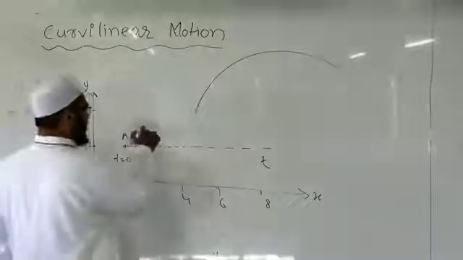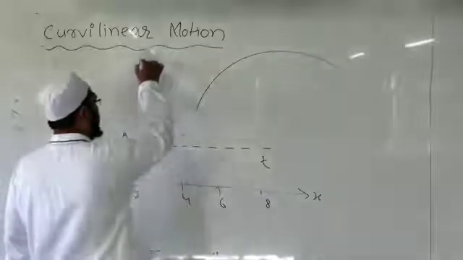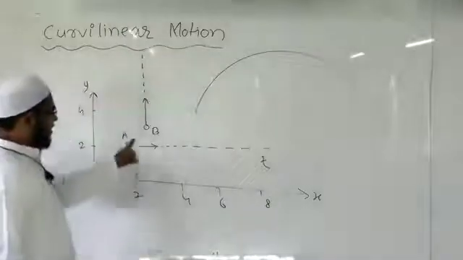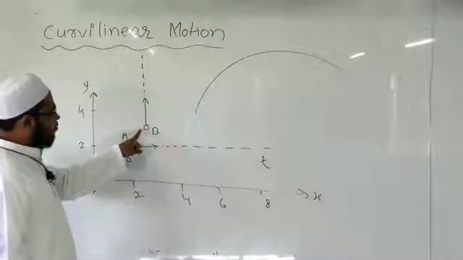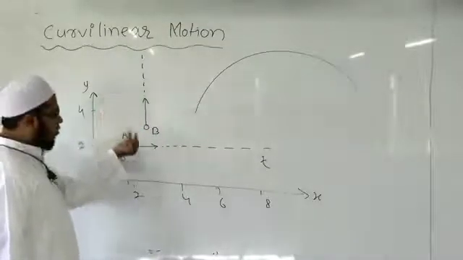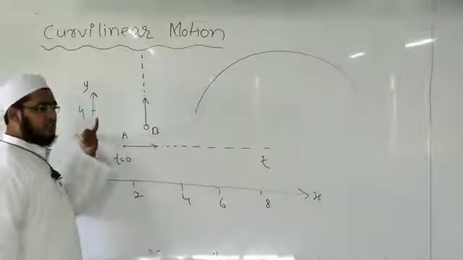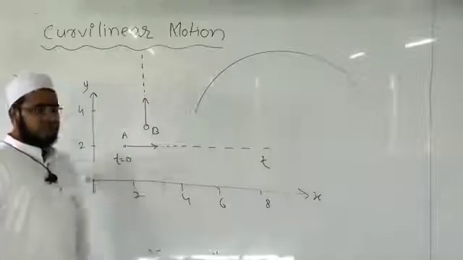Similarly, if another particle B is moving in an upward direction along a line, only the y coordinate is changing, and the x coordinate remains constant.